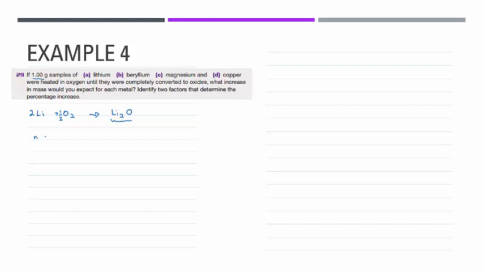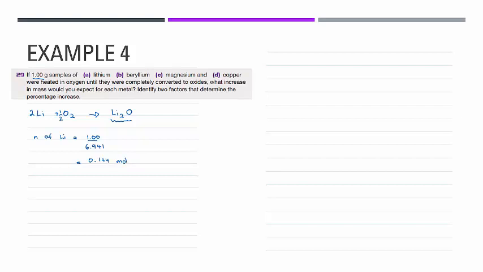So the number of moles of lithium is going to be 1 divided by the molar mass of lithium, which is 6.941. That works out to be 0.144. Okay.